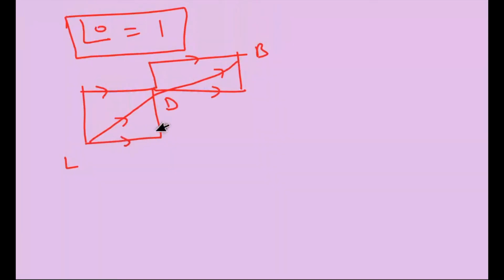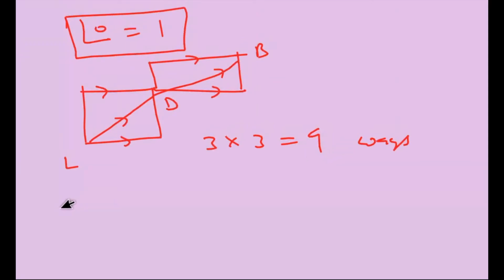Can you calculate? This one is 1, this one is 2, and this one is 3, and from this one is 1, this one is 2, this one is 3, and this one is 1, this one is 2, and this one is 3. So total ways are 3 into 3 equal to 9. Okay, 9 ways you can go. The permutations are 9 ways from Lucknow to Bombay. In this figure, the number of permutations, or number of ways, we can say, is 9 ways. Okay, students.